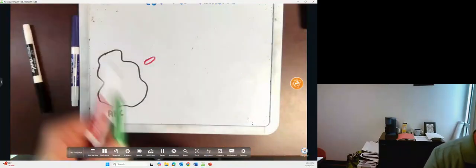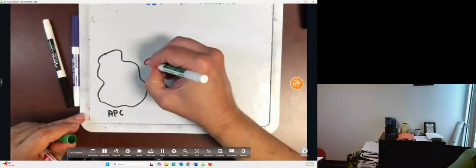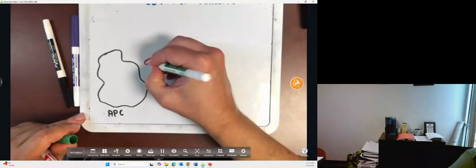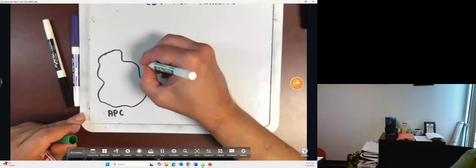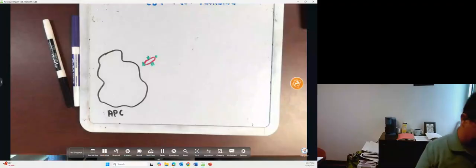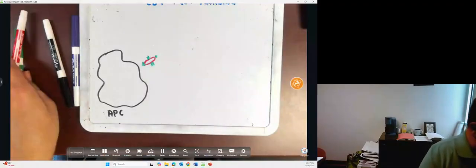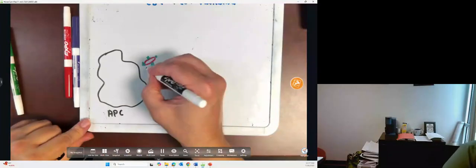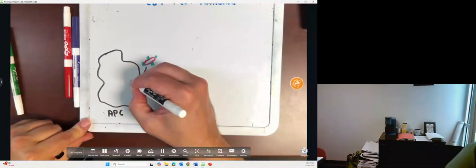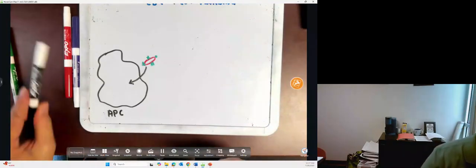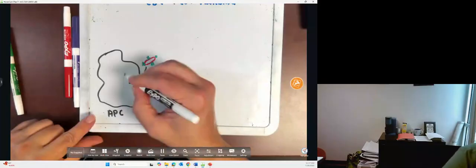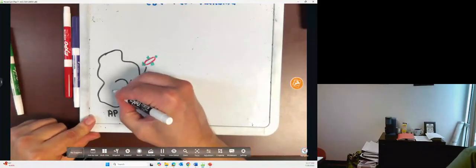It has square antigen, circle antigen, X, and triangle antigens on it. Now this antigen presenting cell will engulf it, will phagocytize it. Phagocytosis happens, and it's brought into a phagosome.